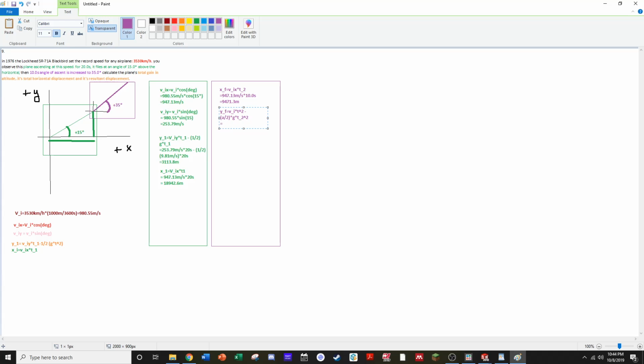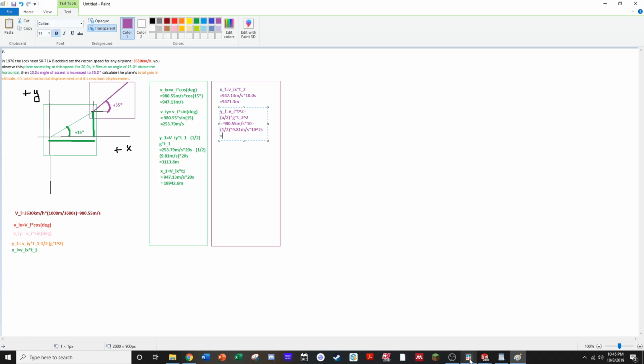So plugging in, that's going to equal 980.55 meters per second, because we're getting that from our initial v value. Don't forget about that. Times 10 minus 1/2 times 9.81 meters per second squared times 10 seconds squared.